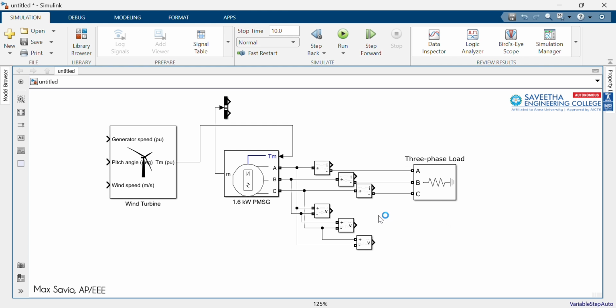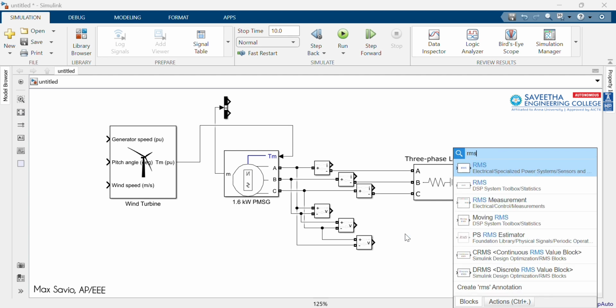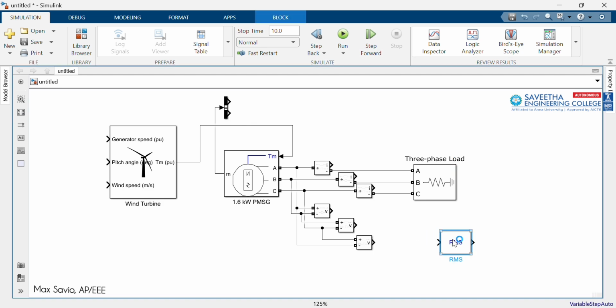To measure the power, I need to multiply the voltage and the current. But since we get a sinusoidal output from these meters, I need to convert to RMS values. So I check the RMS option inside.